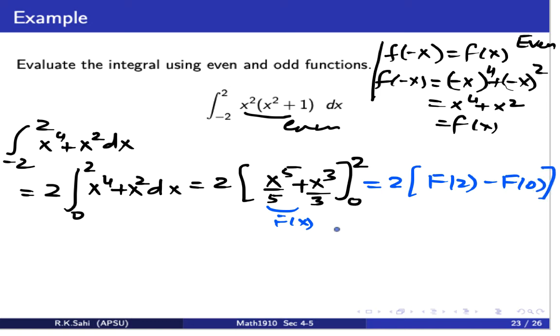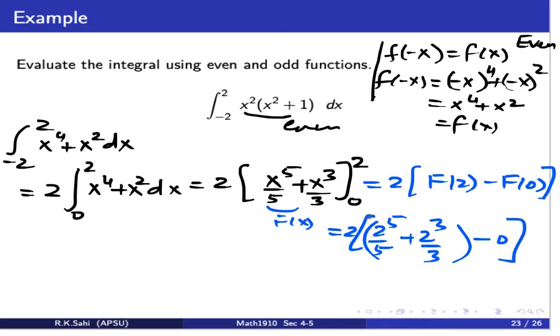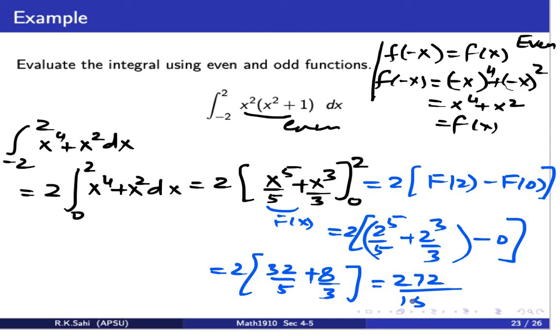Okay, now going further, what is F of 2? 2 to the power 5 over 5 plus 2 to the power 3 over 3. That's F of 2. F of 2 minus F of 0 is pretty simple, F of 0 is 0. So the whole thing is in the hands of F of 2, which is 2 times 32 over 5 plus 8 over 3. And when you do the math, it comes out to be 272 over 15.